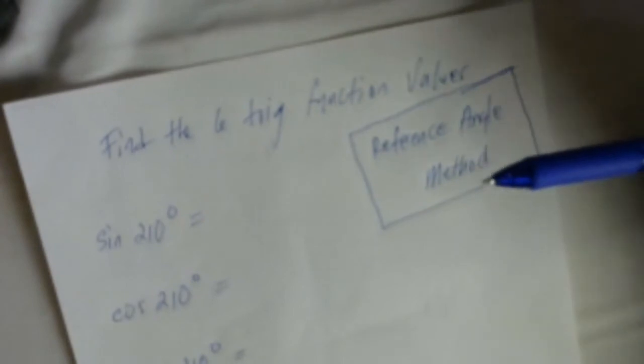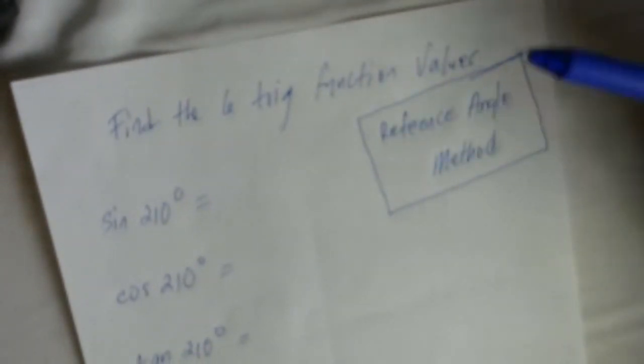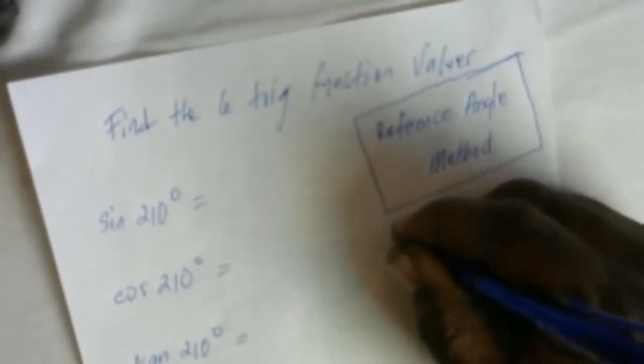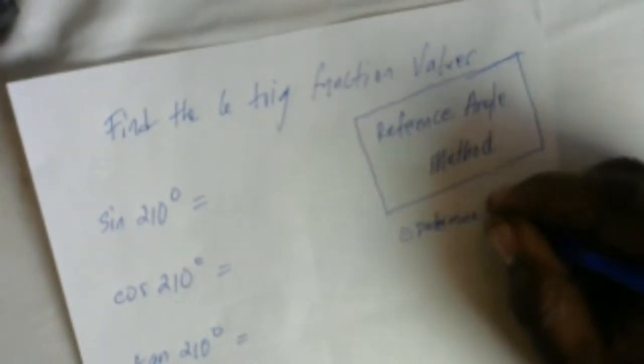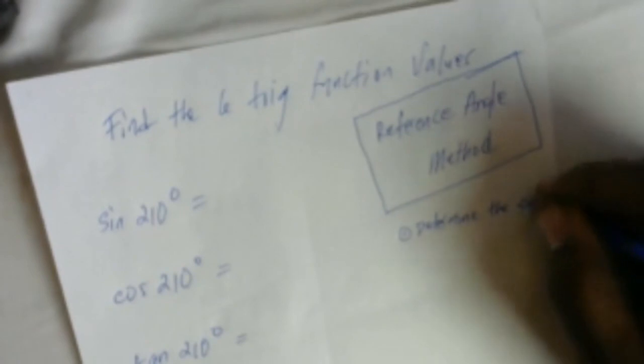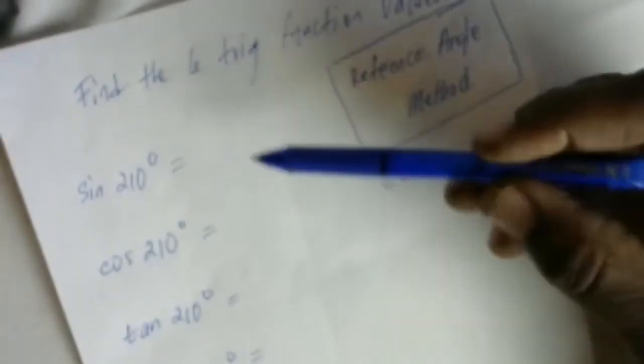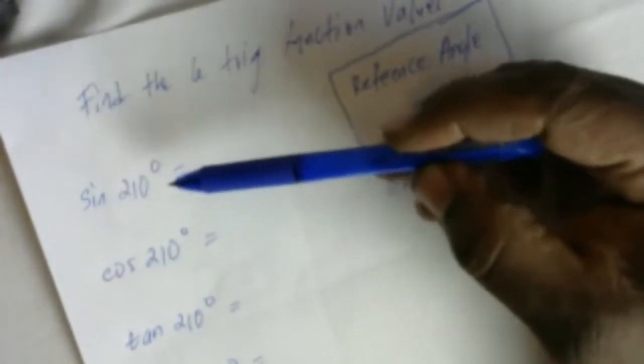Remember that a reference angle is no more than an acute angle. The first thing you want to do is determine the signs. What do I mean by determining the signs? Well, if we were to sketch out a 210-degree angle, I'm going to put that here.